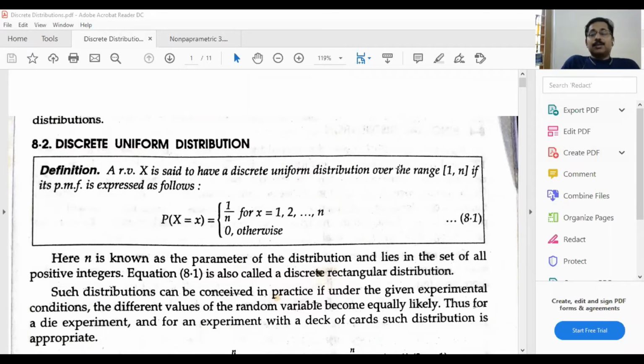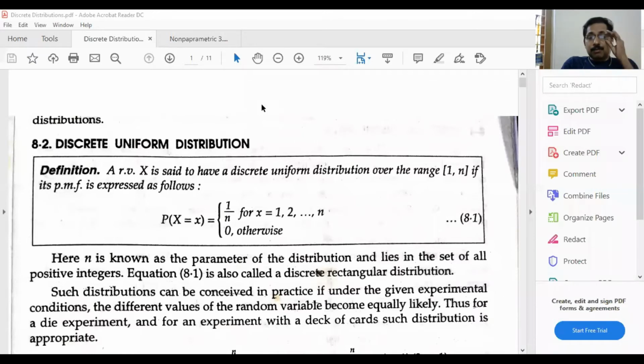Is it clear? So the PMF is 1 by n. It's a constant value. Suppose x takes the value 1, then what about the probability?